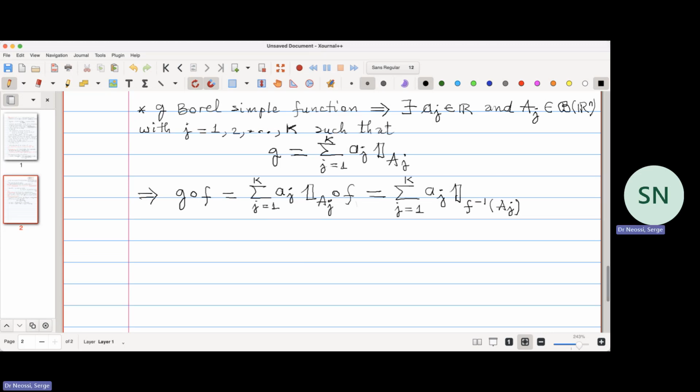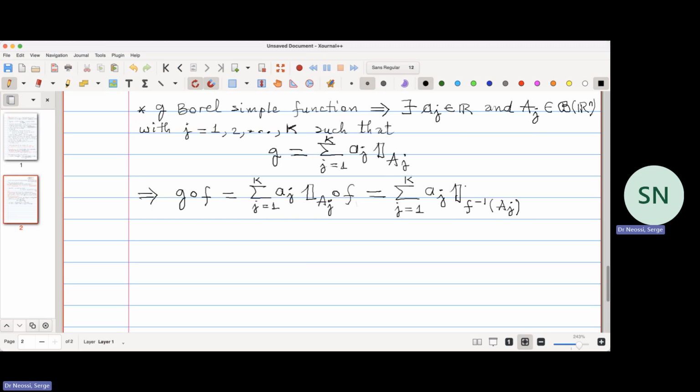Now, for this to make sense, we need the function or the set, because this is the indicator function of this pre-image of AJ. So if the preimage of AJ is in the Borel sigma algebra of Rn, we are done.